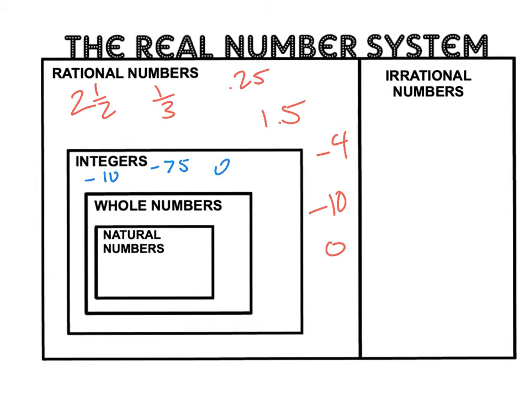We could have 0, and we could have all the positive numbers. Those are integers. Whole numbers start at 0 and go 1 all the way up to whatever. Natural numbers does not include 0. It starts at 1 and goes on up. Irrational numbers, I think we had pi in here. And like I said, we will get further into different irrational numbers later on in the lesson.